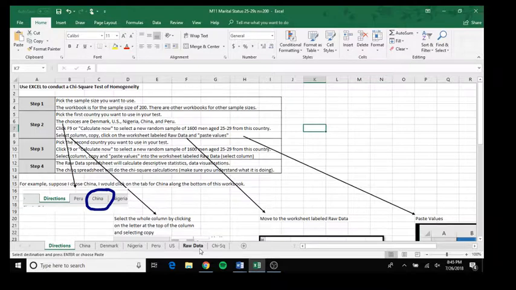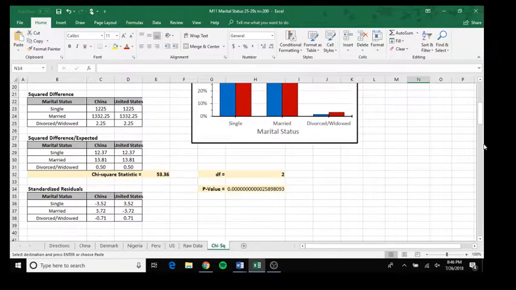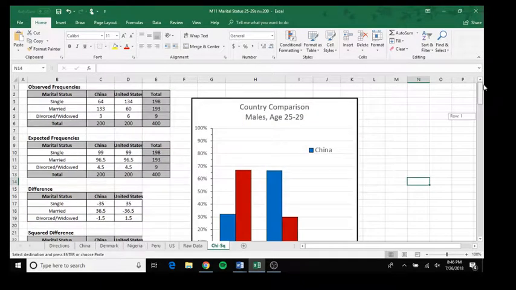So for my results, as you can see, for observed frequencies, there were more United States men ages 25 to 29 that were single versus 64 who were in China.